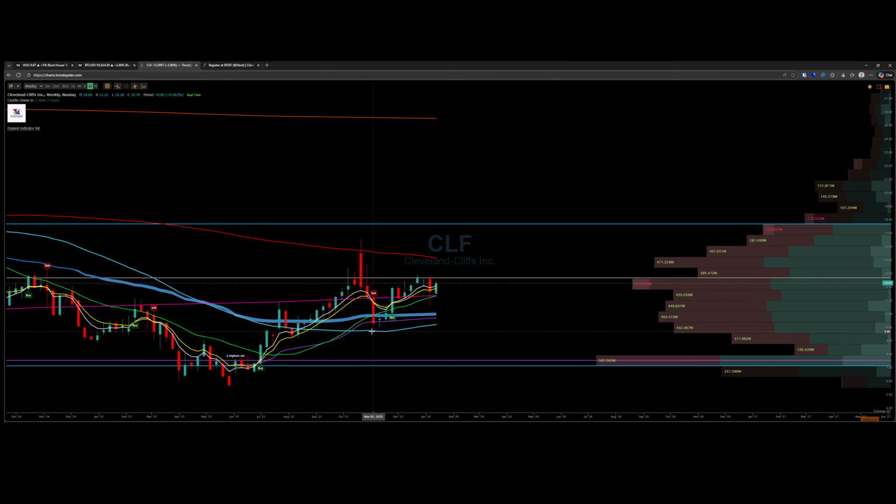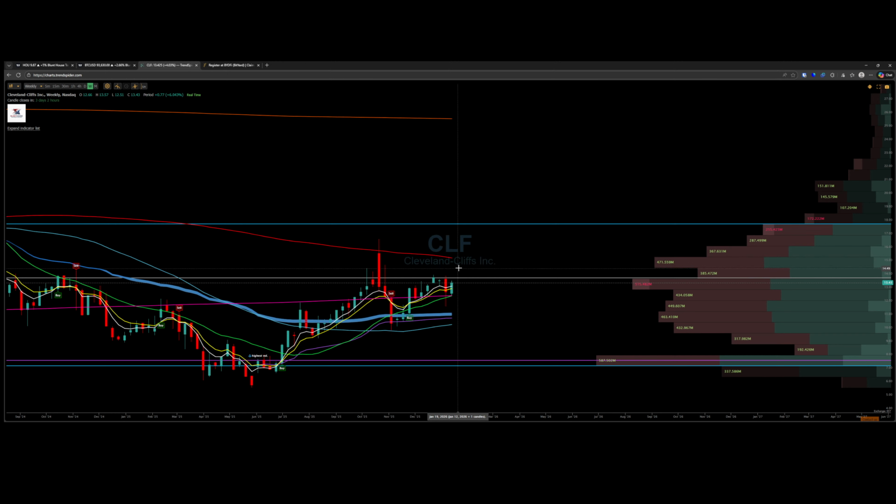Was it the first touch of the 50 since it broke through it? Yes. Higher probability of bouncing in this case, and that's what it did. Now, we're looking to break through that VWAP again and take another run at that 200.